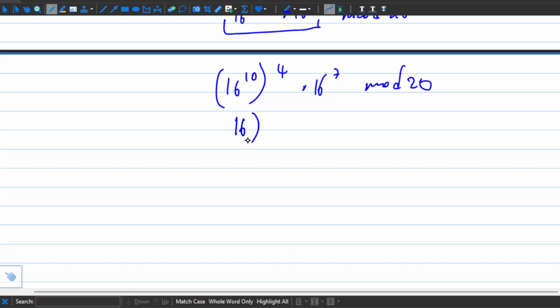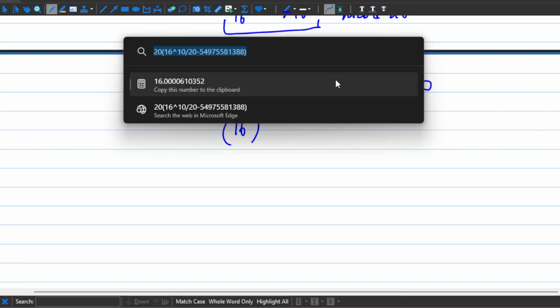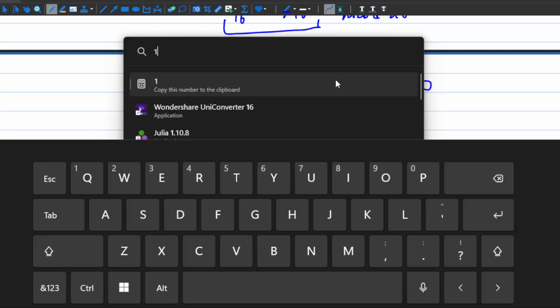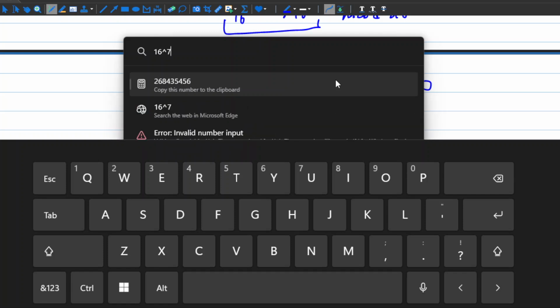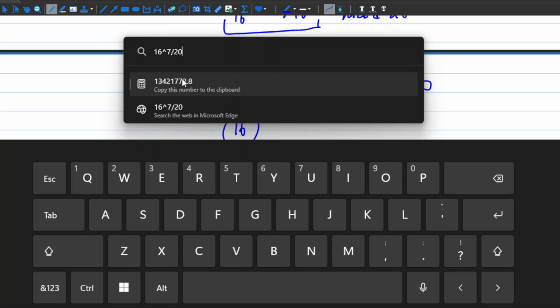16 to the power 4. Okay. Then I could do the same for 16 to the power 7. Get that. Okay. 16 to the power 7, I get that number. You see that there is no, oh, divide by. Okay.